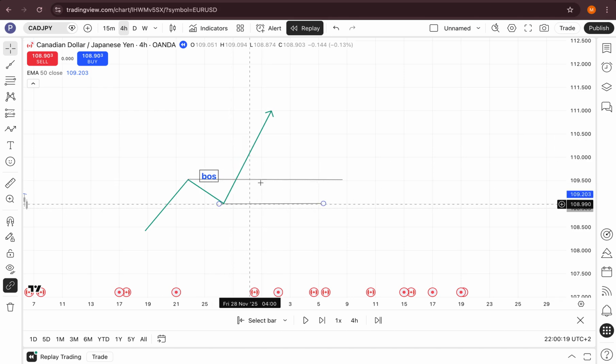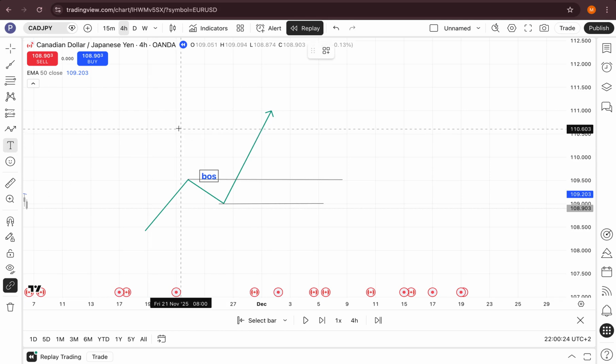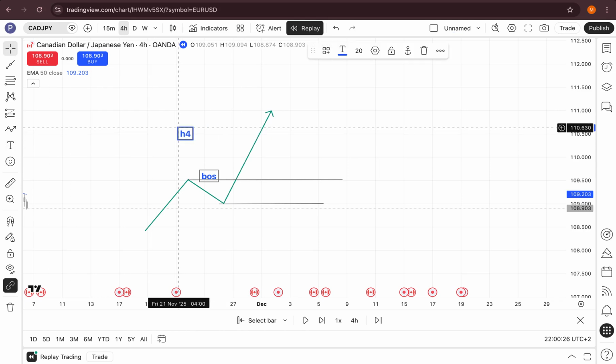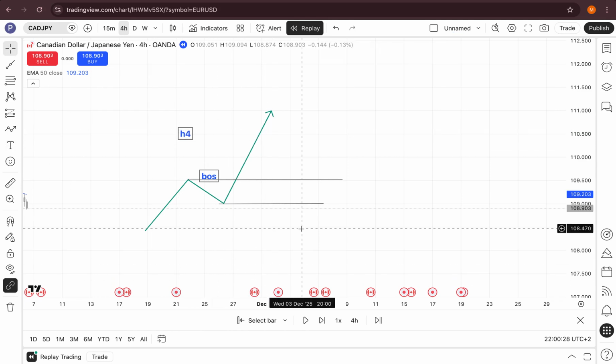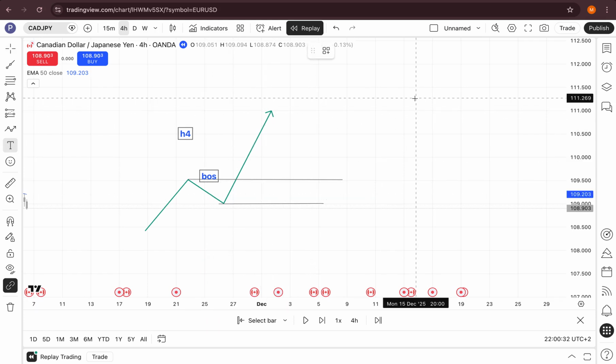Here we are on the 4 hour time frame, the H4. Since we are on the H4, if we go to the M15 we will see that this run was a trend on the M15.